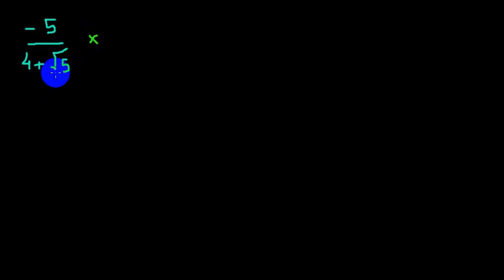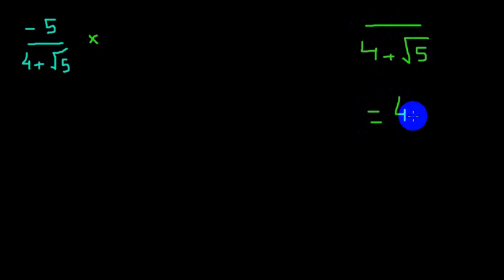First you have to take the conjugate of this denominator. Let me tell you what a conjugate is. Take 4 plus square root of 5. The conjugate of this expression is to change the sign of the last term. That's how you take the conjugate.